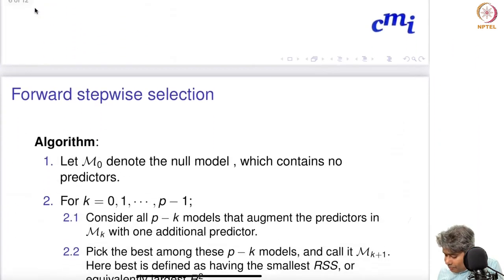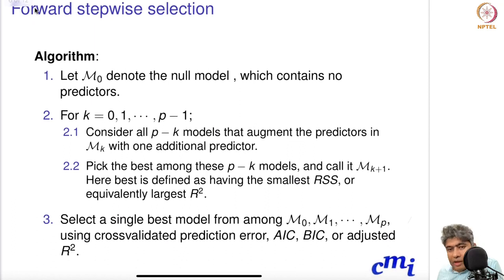So that is where forward stepwise selection comes in handy. What forward stepwise selection does is start with M0, which denotes the null model containing no predictors, and then loop k equal to 0, 1, 2 up to p minus 1, and consider p minus k models that augment the predictors in Mk with one additional predictor.